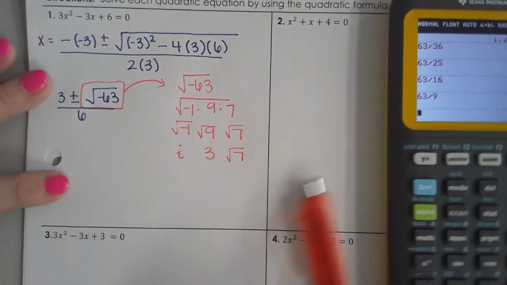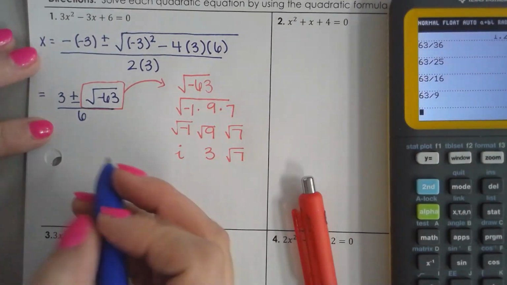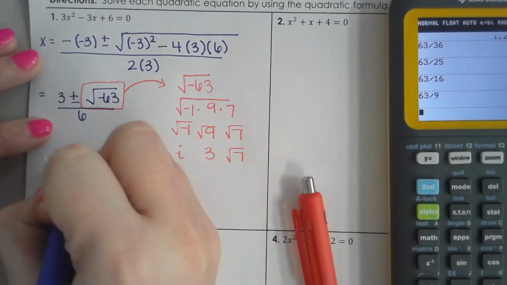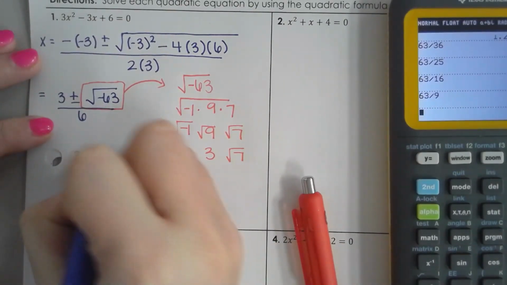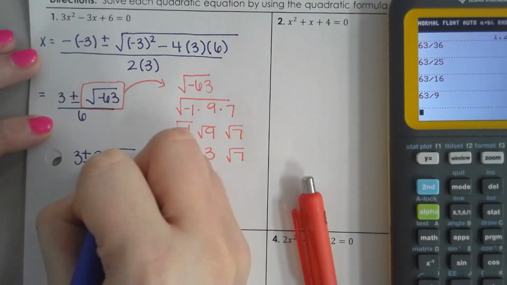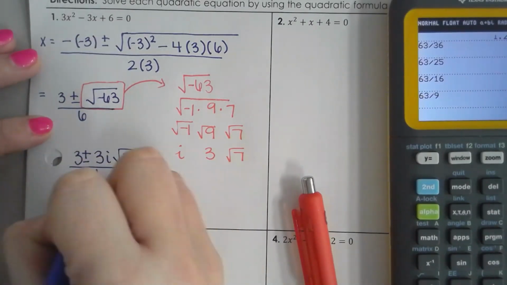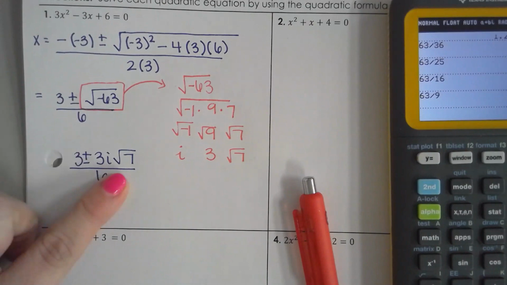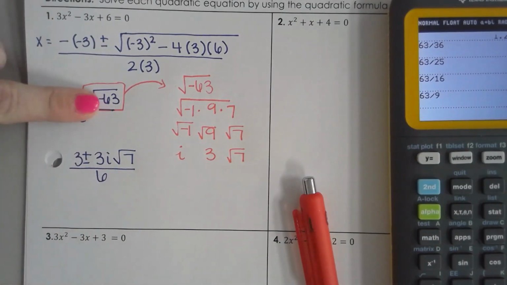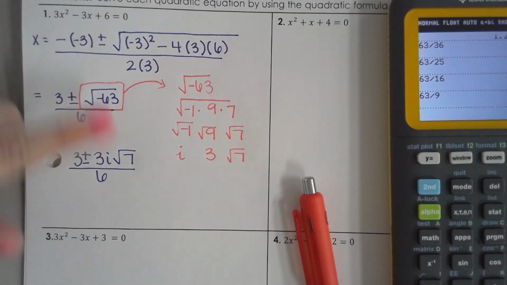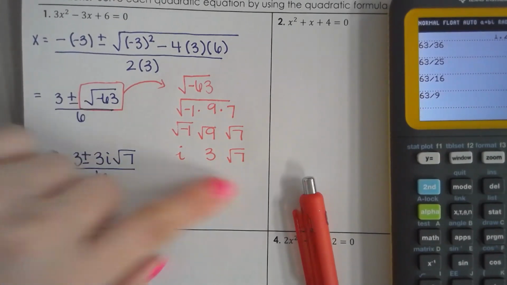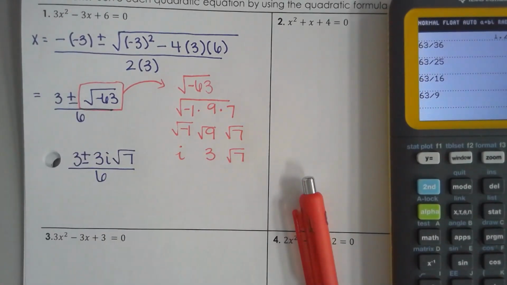So back to my fraction. 3 plus or minus 3i square root of 7 over 6. From this fraction down here, all that I did was replace the square root of negative 63 with what I found over here.